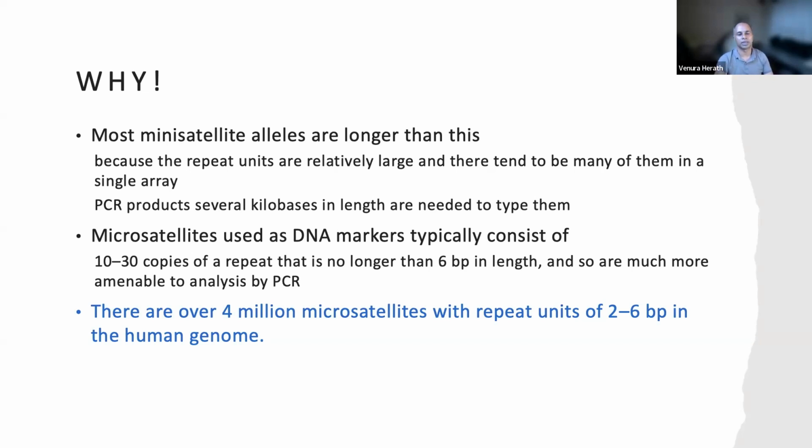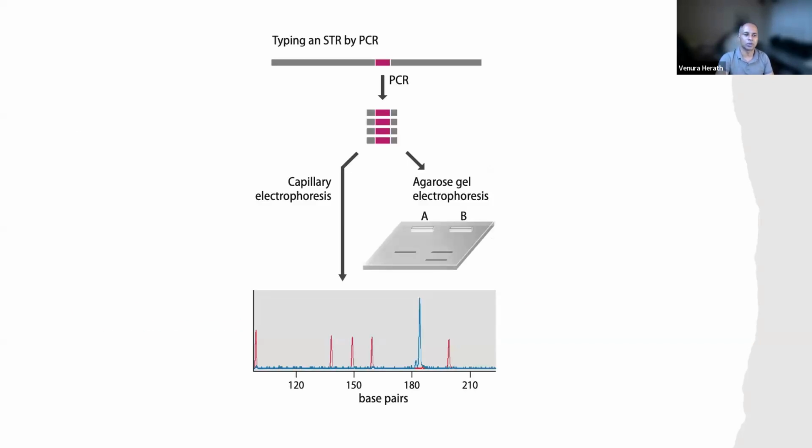Okay, now probably you're thinking how we are going to type these short tandem repeats using PCR. There are two ways. One is the conventional way: PCR amplification followed by agarose gel electrophoresis. But it's more time consuming because you have to make gels.